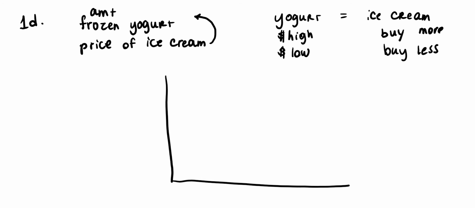So on the horizontal axis here, I'm going to put the price of ice cream. Nothing's determining the price in this example, but the price is determining the amount of frozen yogurt that is bought. So that's my dependent variable.